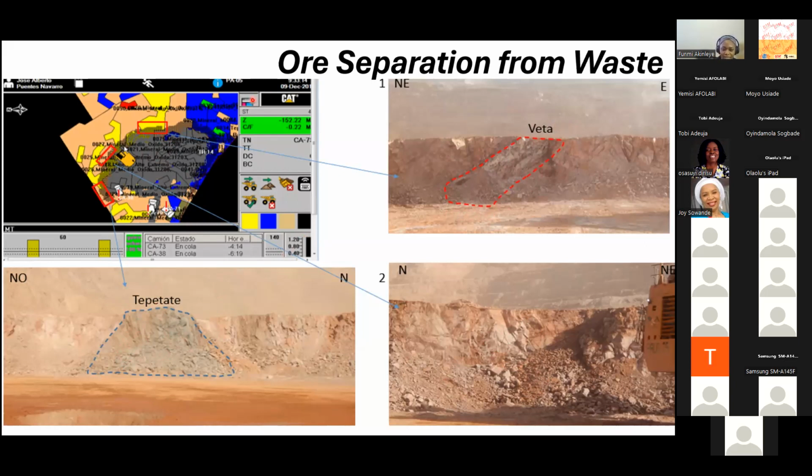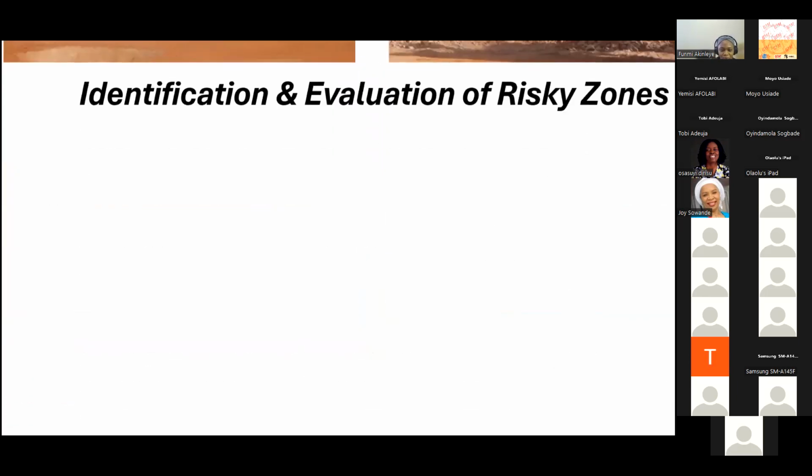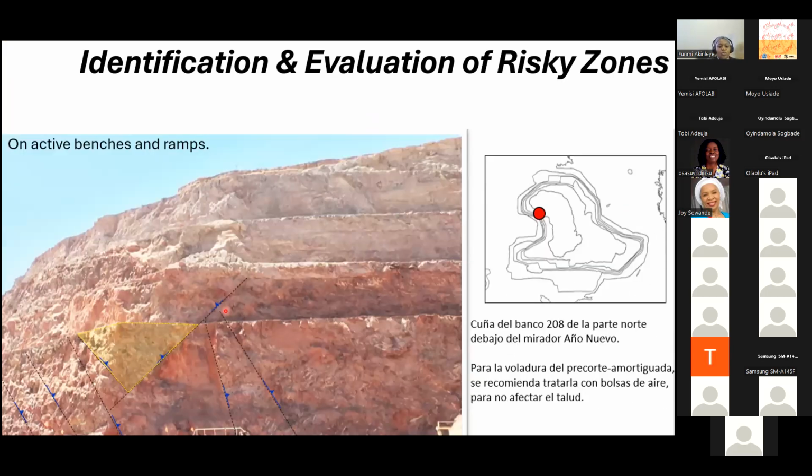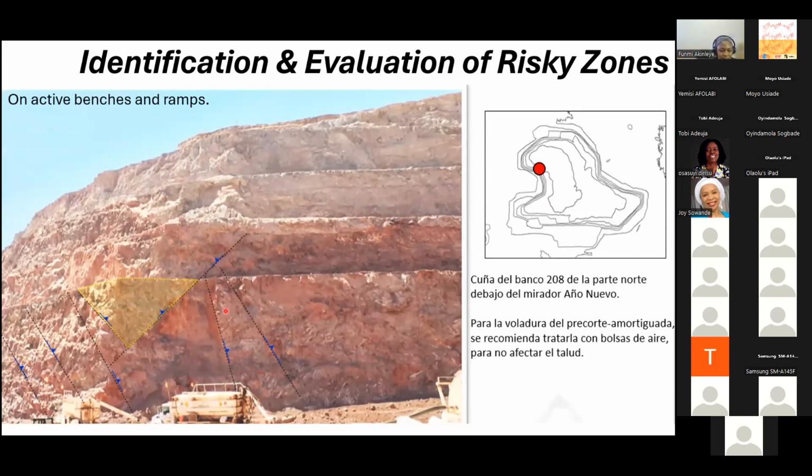One other thing I did, which is one of the coolest parts for me as well, is identification of risk. Any normal person that sees this rock would not think anything about it because, well, it's just a bench, it's just a rock. But as a geologist, it's so cool that you see the rock in a different way.